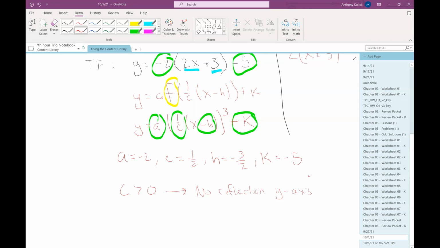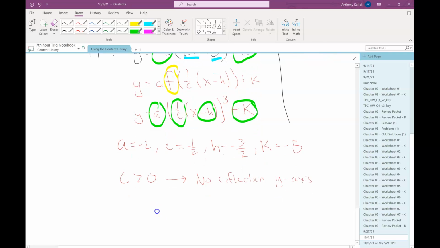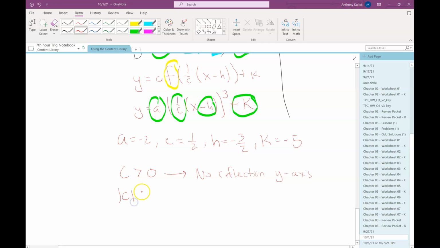If you reflect across the Y-axis, the X coordinate is changing, like it's going from over here to over there. And the other thing the C does, since the absolute value of C is less than 1, is it's going to stretch or shrink horizontally. Which one? Shrink. And horizontal, again, is changing the X, exactly.